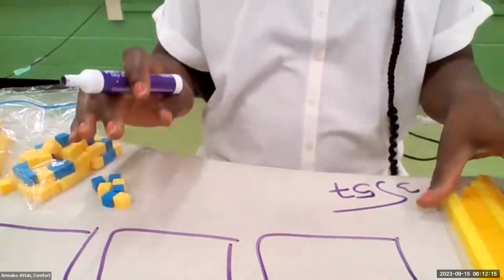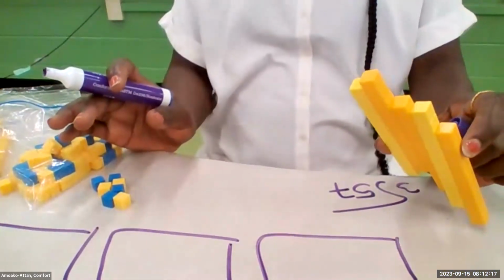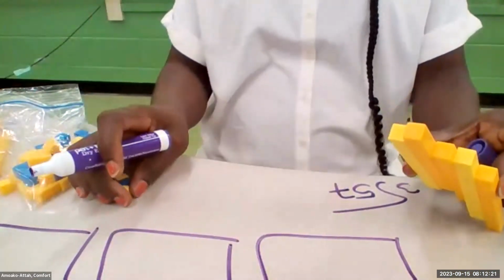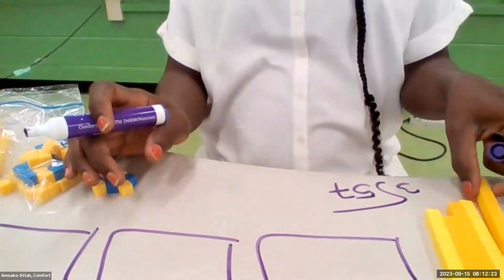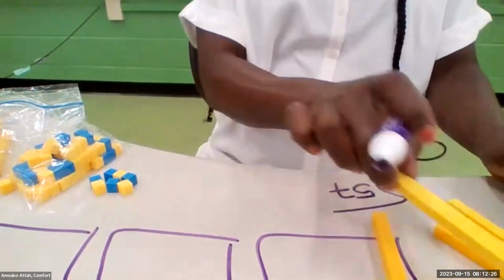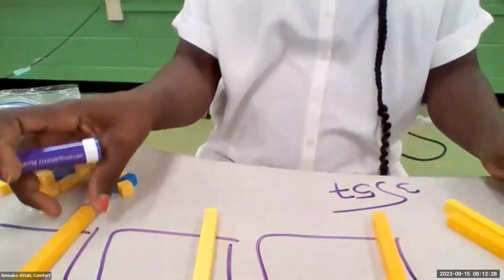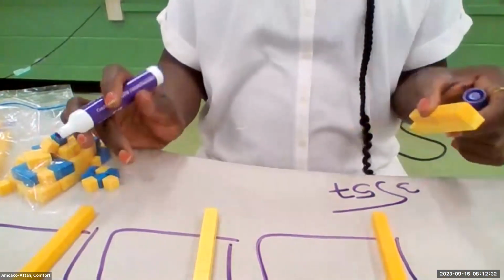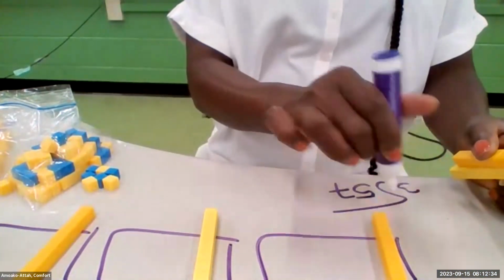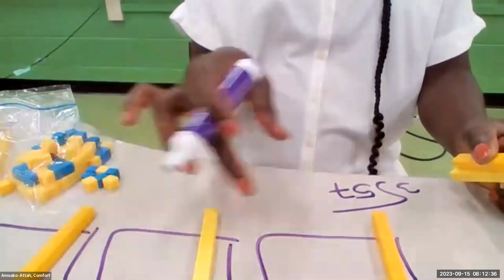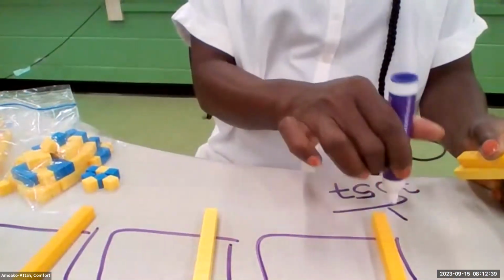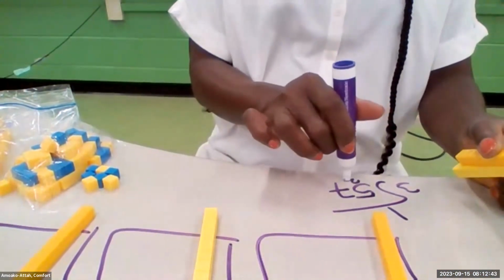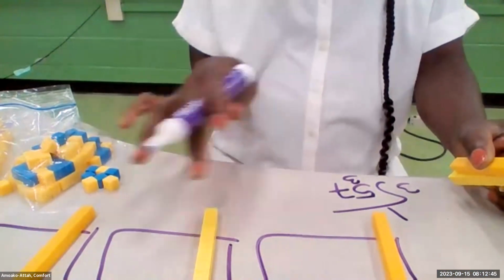Good. Then you ask yourself, can you distribute the 5 tens equally among the 3 boxes? Yes, but there will be a remainder, right? So 1, 2, and 3. Each box contains 1 ten, so they would be able to see that we shared it among 3 boxes.